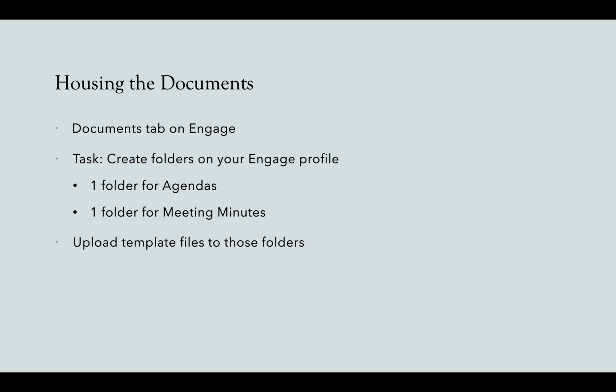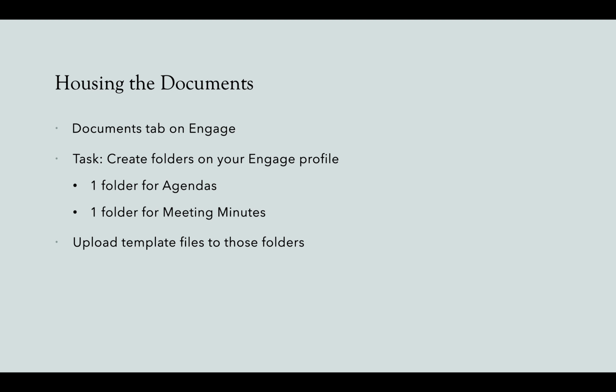It's the 3-line menu on the left-hand side of the page, and go ahead and click on Documents. So that documents tab is essential to the organization for providing historical context or transitional items to the next officers into the organization.